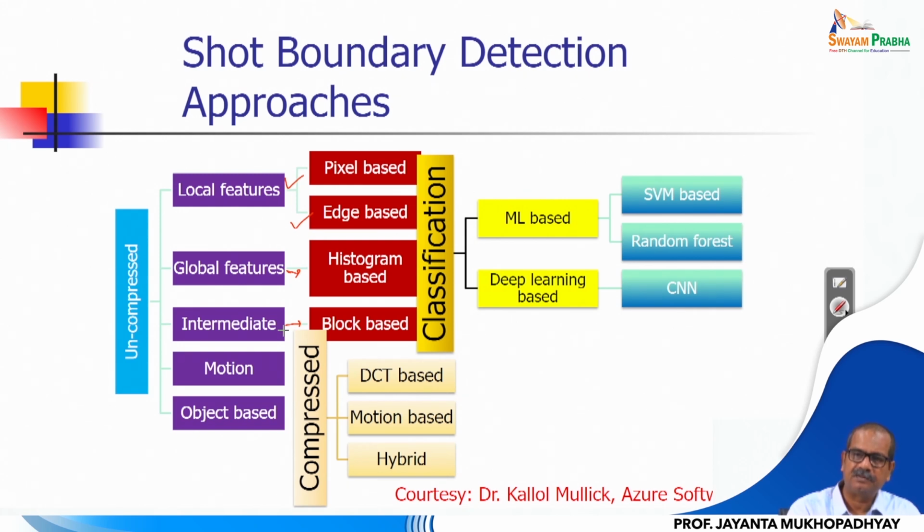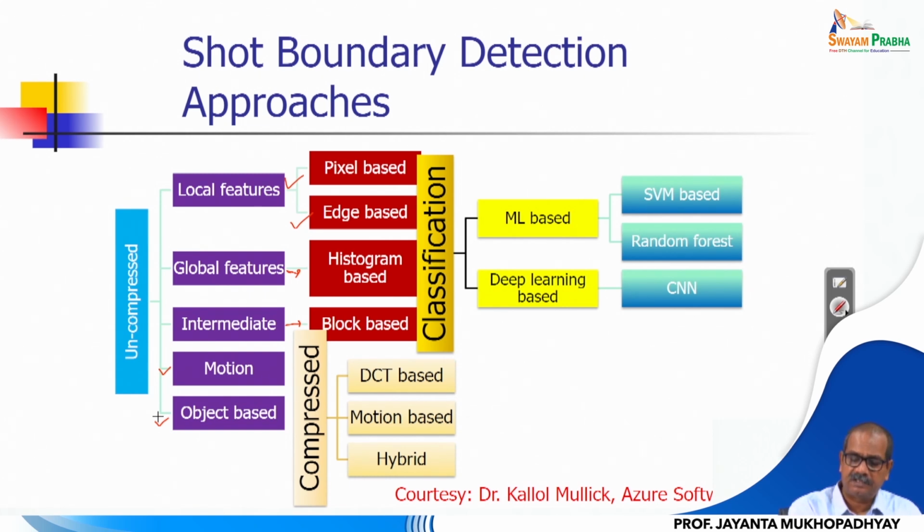Blocks are represented by features, and a set of blocks represents the total frame. Apart from that, video has its own characteristics, like motion and the representation of objects and the way the objects are changing. That could also be a consideration for detecting shot boundaries.